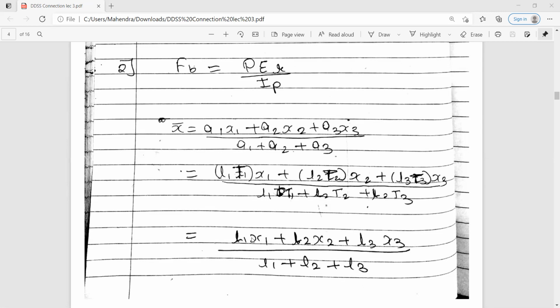So what remains is L1X1 plus L2X2 plus L3X3 upon L1 plus L2 plus L3. Note down up till here, then we will proceed further.